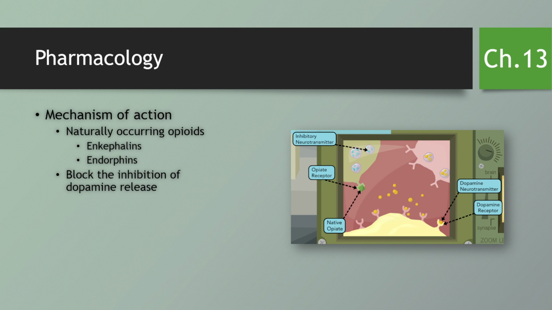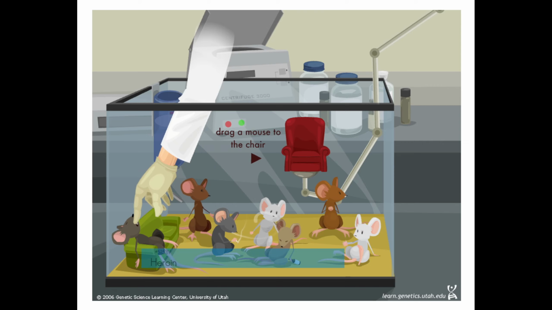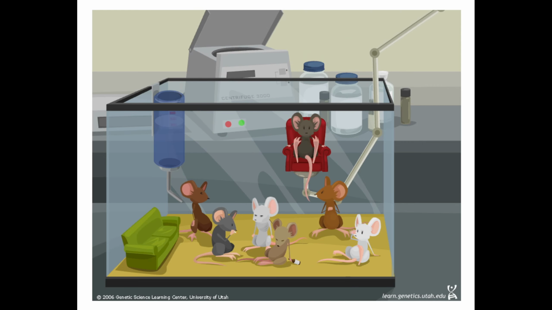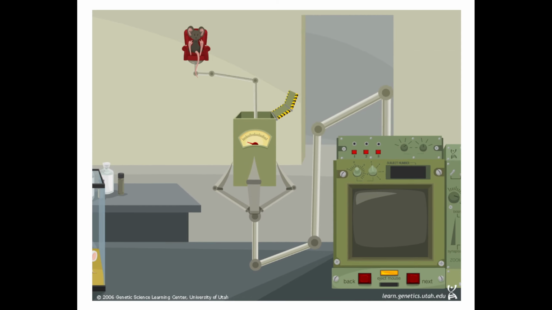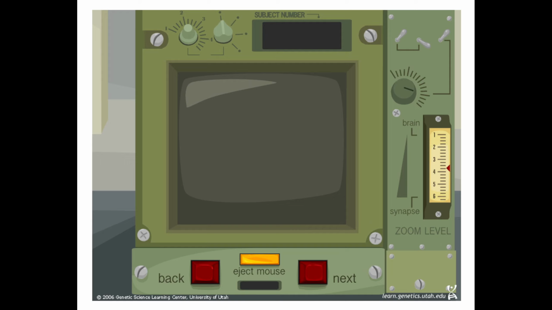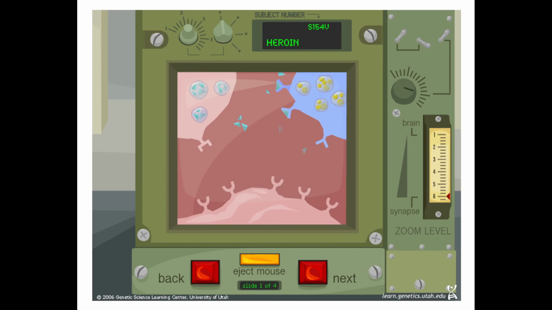Let's go ahead and run a Mouse Party here, and we'll take a look at this specifically for heroin and show an example of how this works. So when we look at the mouse on heroin, we're going to zoom in to the brain and take a look.